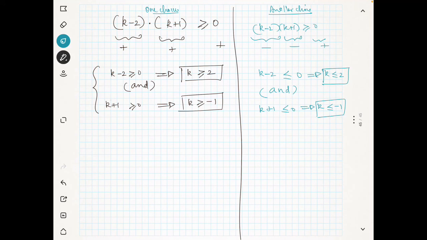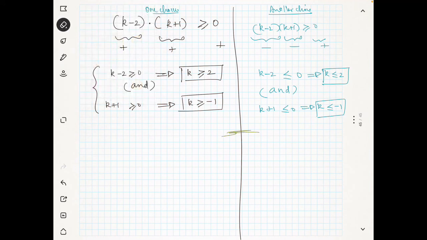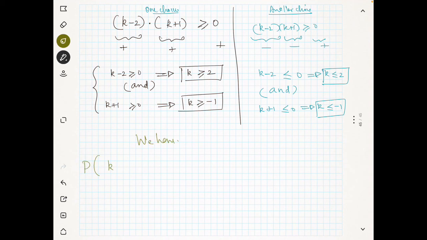So we have the total condition which may affect the probability that the roots become real. We have the probability that k greater than or equal to 2 and the probability that k greater than or equal to minus 1.